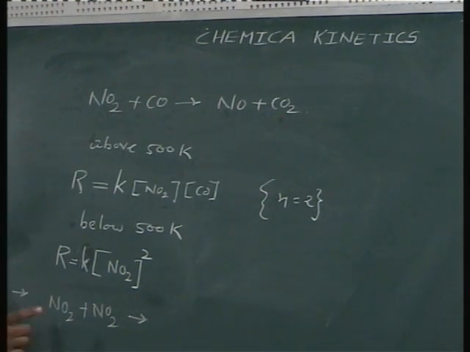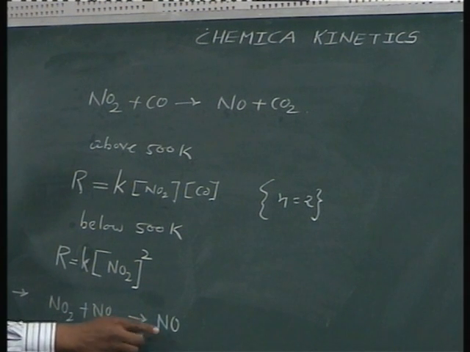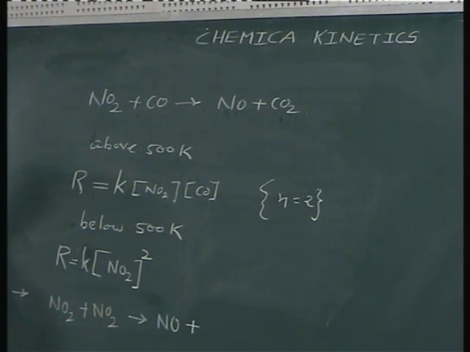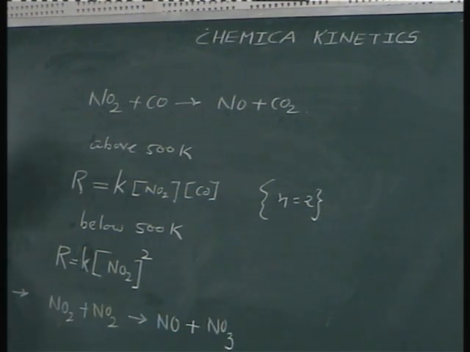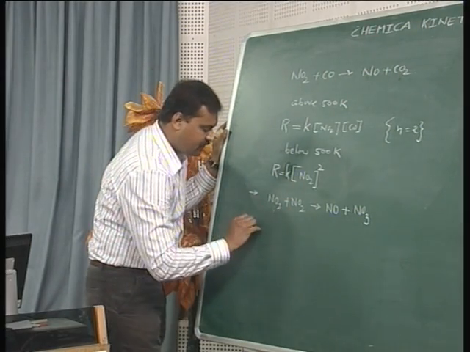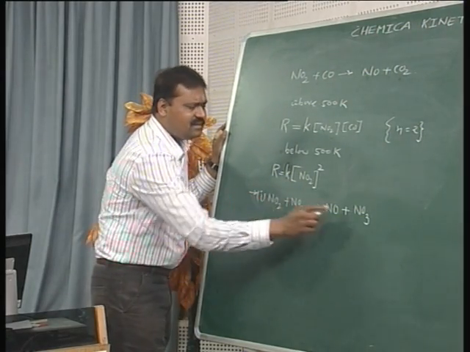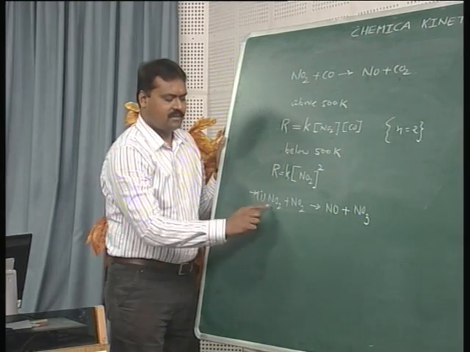So the probable product for the first step of this mechanism will be NO, which is the desired one. And stoichiometry says that if NO forms, the other product formed will be NO3, which is not a desired product for us, and therefore it can be regarded as an intermediate product for the first step.